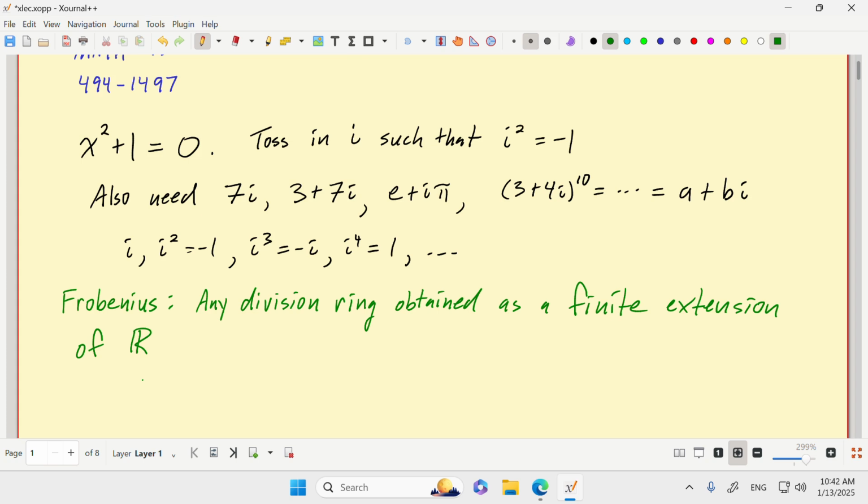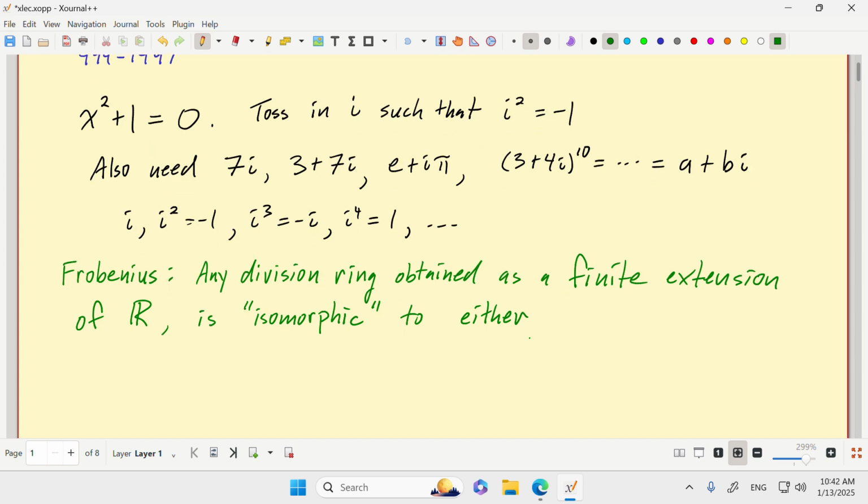It turns out that it's isomorphic, here's an algebra word, isomorphic, meaning the same, to either, for example, if I added the square root of 2, that would be the same as R basically.